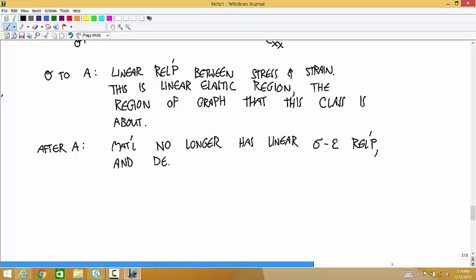And the deformation becomes plastic. Plastic deformation means if you unload it, it doesn't go back to its original shape anymore. There's some permanent deformation.